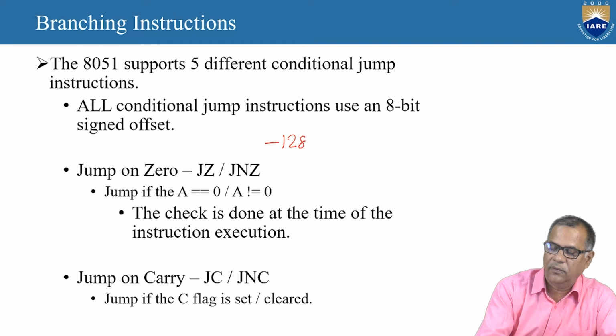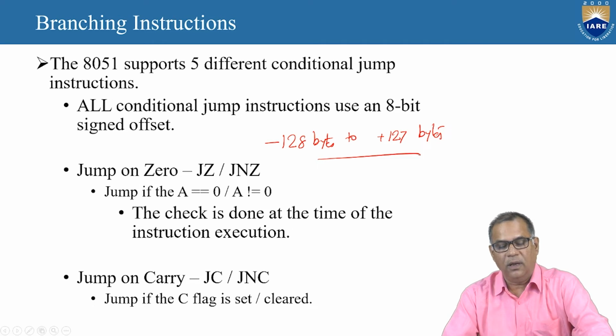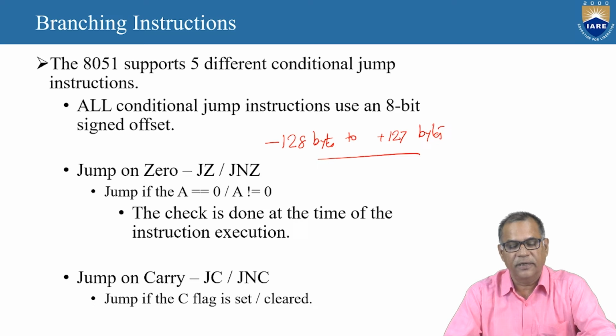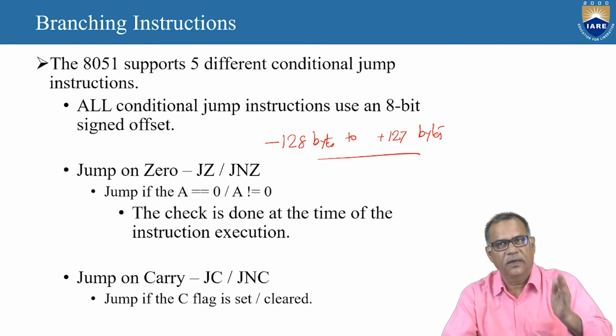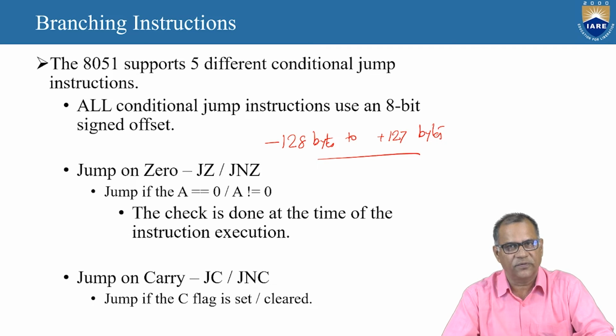All conditional jump instructions use an 8-bit signed offset. That is why you get branching in the range minus 128 bytes to plus 127 bytes.